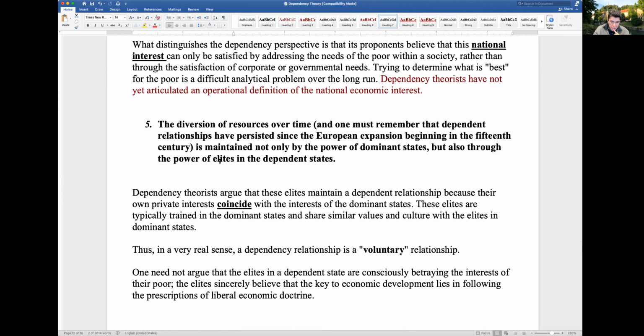Dependency theory argues that the elites in poor countries have an interest in maintaining the relationship with the interests of rich people in rich countries, because by doing so they just keep becoming richer and richer. And this, in part, could explain why, as I said before, Latin America is not the poorest continent in the world, but it is the place on Earth where you find the highest level of income and wealth inequality.